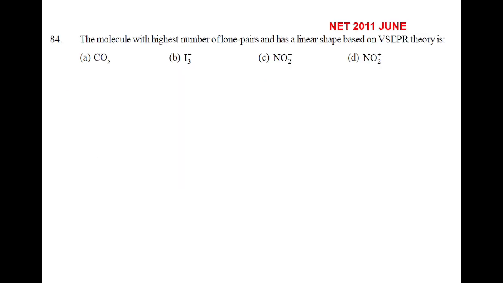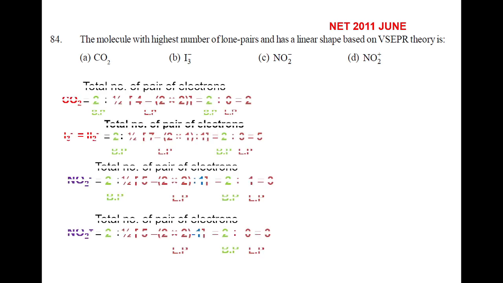Then, the molecule with the highest number of lone pairs has a linear shape based on VSEPR. Which molecule has the highest lone pairs and also has linear structure? So we have to discuss the shape of all these molecules.